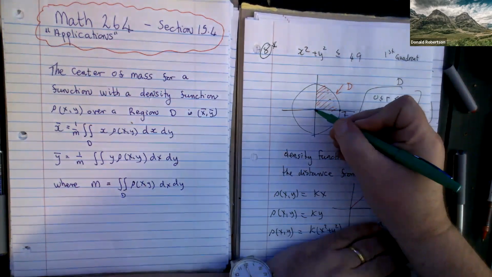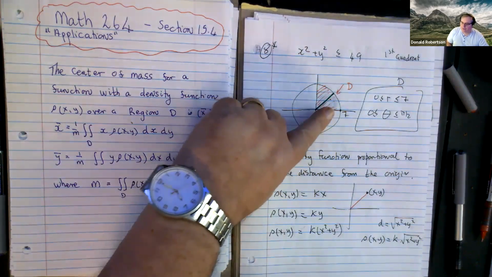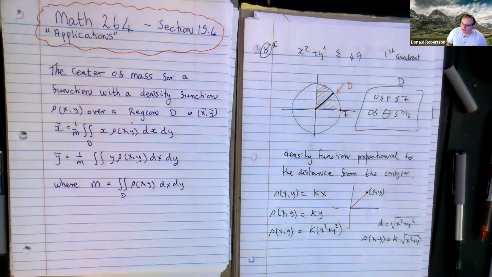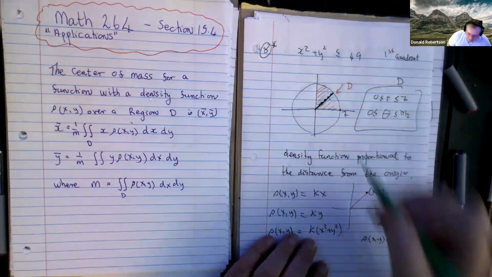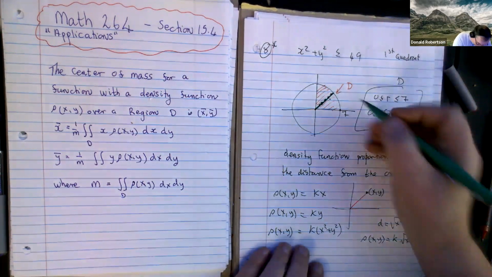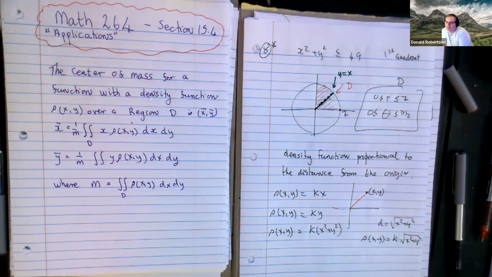If you think about a line that goes right in the middle, wouldn't the two pieces be perfectly matched? So the center of mass is probably going to be somewhere on that line. And that line is y equals x, right? Aren't the y and x coordinates going to be the same? So I might have been able to predict that. If I found x bar, I would write down y bar as the same number. I'm not sure that intuitively that's obvious, but now that I've seen the answer, it's a lot more obvious than it would have been before I did it.